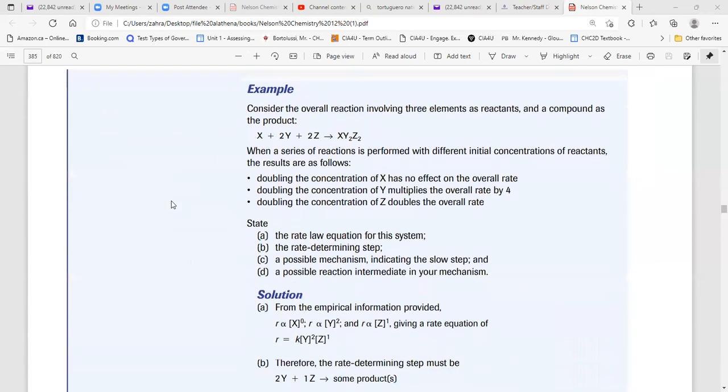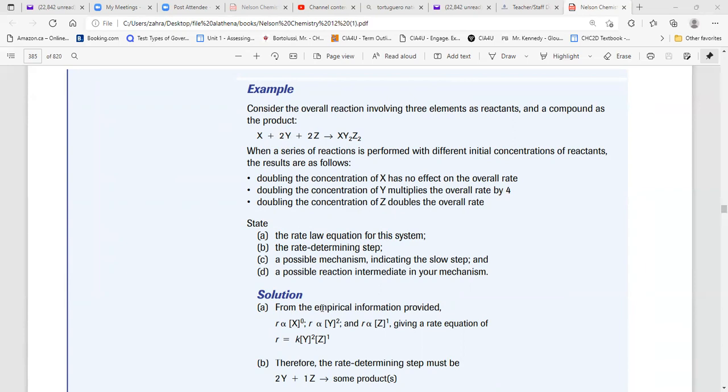Here is another question. Consider a reaction involving 3 elements as reactants. You do the experiment and see that doubling the concentration of X has no effect on the overall rate, meaning the order of X is 0. Doubling the concentration of Y makes the overall rate 4 times bigger.